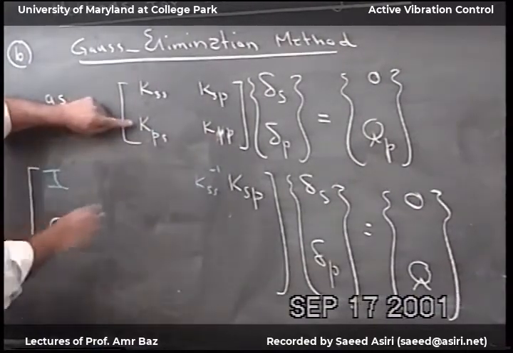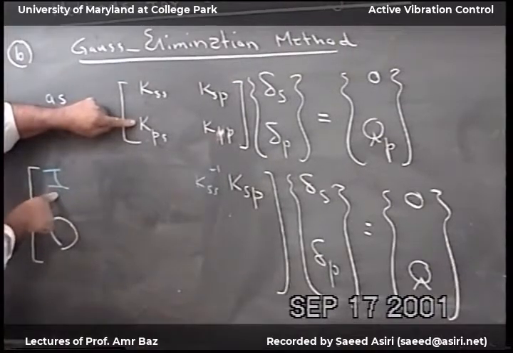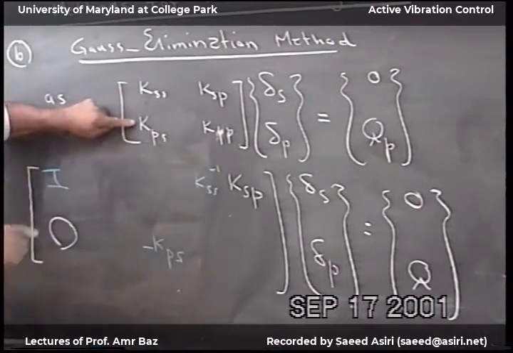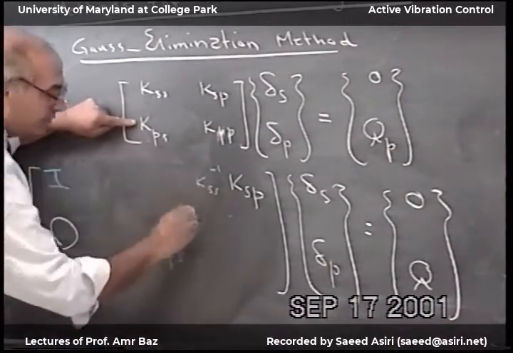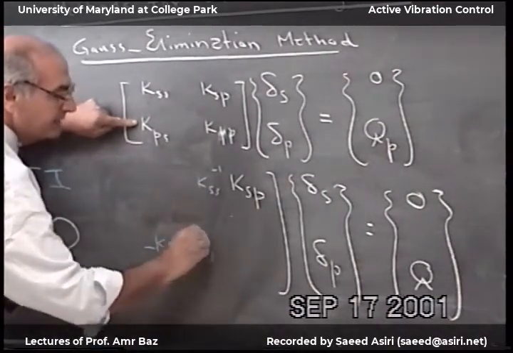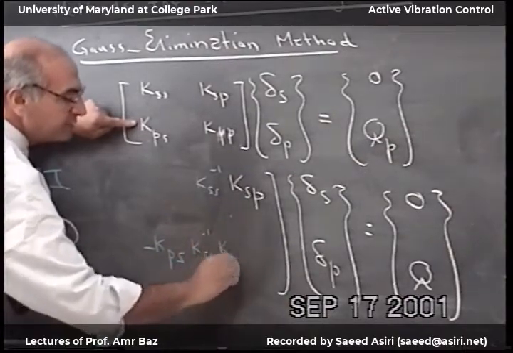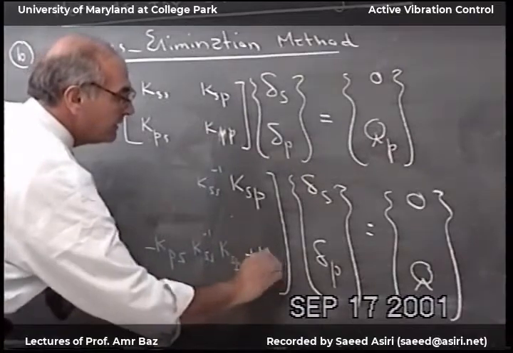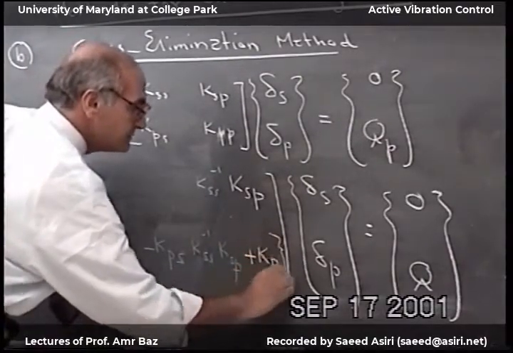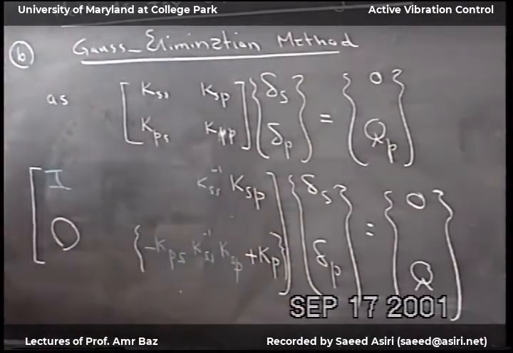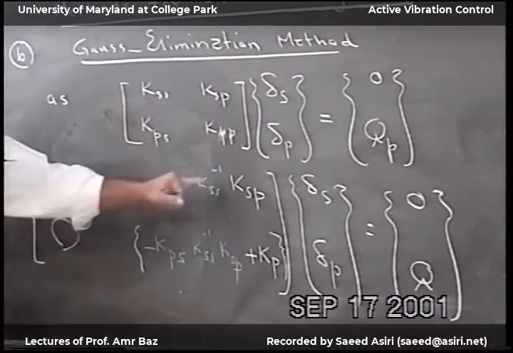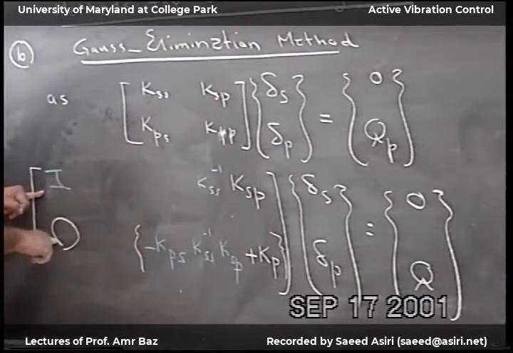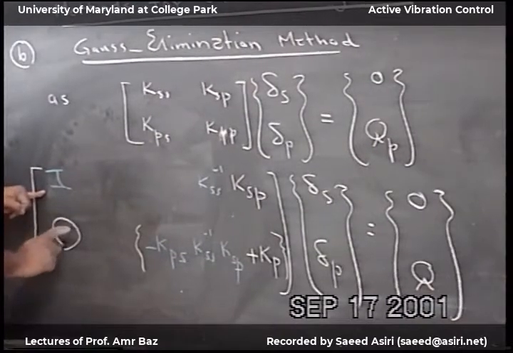So this becomes KPS times I, and multiply it times this term. So this would be KSS inverse KSP, added to this row, KPP. Now I'm going to multiply this row again by KPS and eliminate this term.